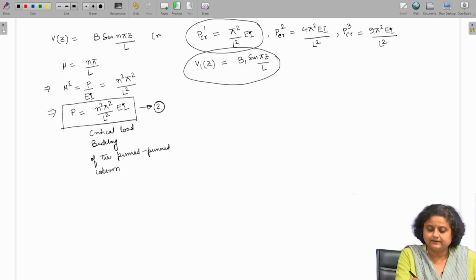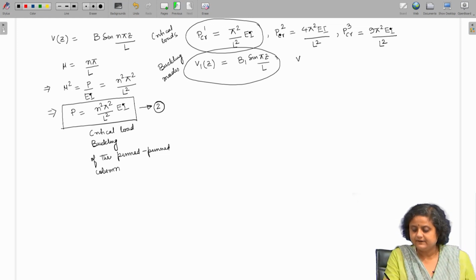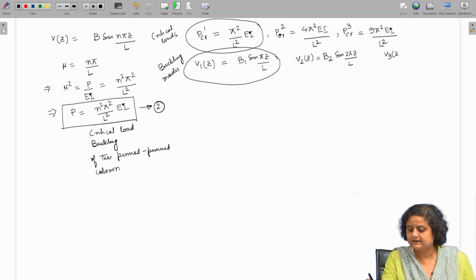So, these are the critical loads, whereas these are the buckling modes. Similarly, V2 z is going to be some arbitrary B2 into sine 2 pi z by L, and so on. V3 z is going to be B3 sine 3 pi z by L.